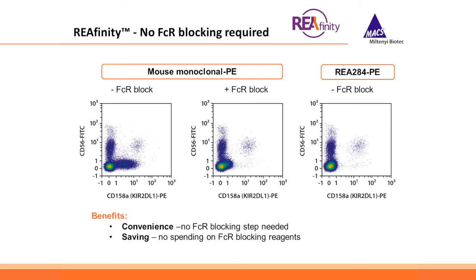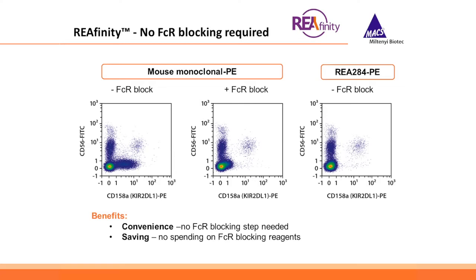And here's the example that shows you that you don't need any FcR blocking anymore with these antibodies. Here I'm looking at human NK cells, CD56 positive, and we want to analyze a subpopulation of these cells that express CD158A, a molecule on some of the NK cells. We use a mouse-derived monoclonal antibody, the old or standard way of having antibodies.